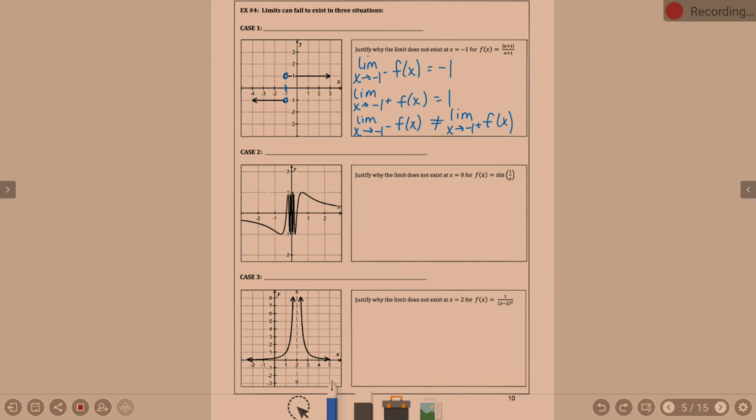We're proving that limit does not exist. Now, if I go back up and fill in case one: limits differ on left and right. So thus the limit fails to exist.